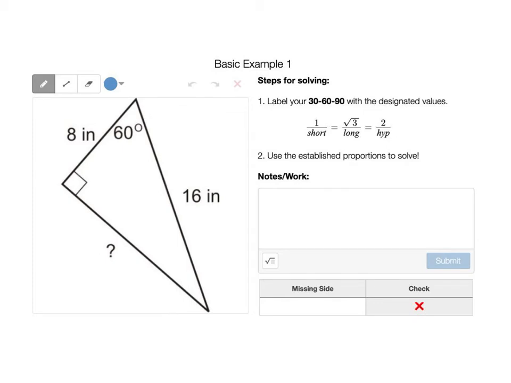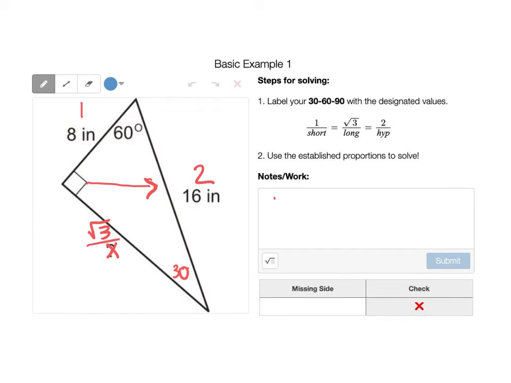For this one, we're going to go ahead and get labeled. Okay, across from 90 in a 30, 60, 90 is a regular 2. Okay, our shortest side, which usually will look shorter, is a 1. I'm going to change this to x instead of question mark. Okay, and it gets a root 3.